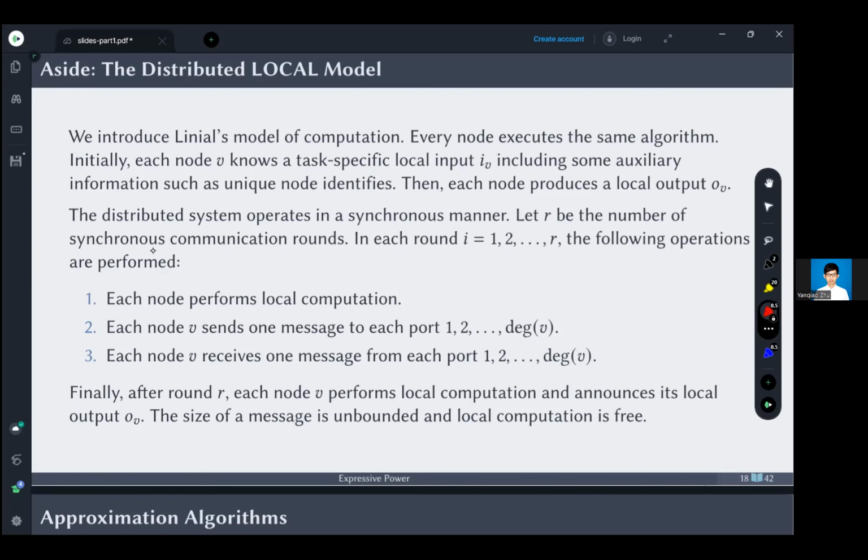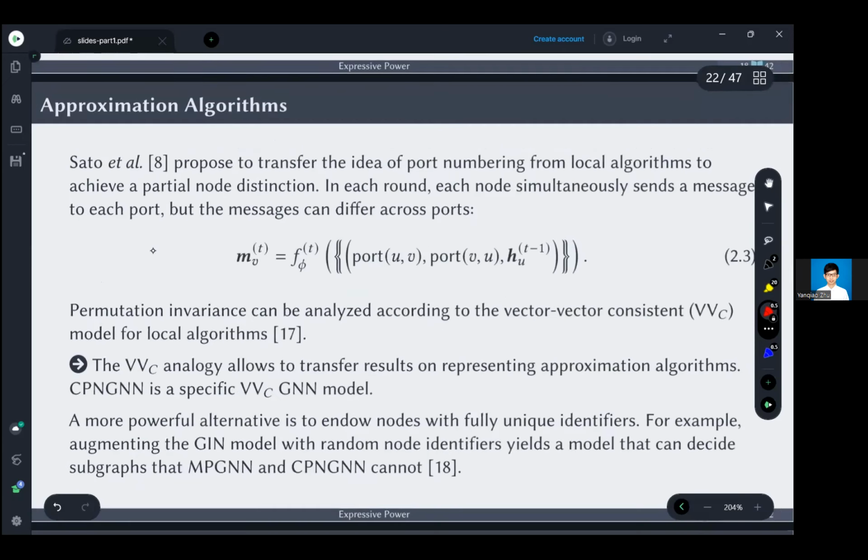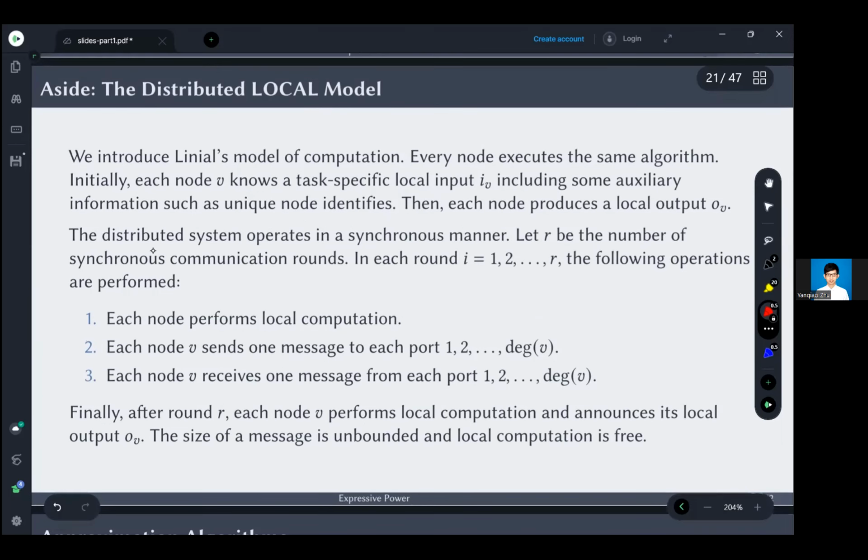Sorry, I have a question. According to my current understanding, this port number is not a necessary part of a local algorithm. It is necessary for the local model, but not that necessary for a family of local algorithms. So what if I don't have these port numbers? I just do my local computation and follow a random order to send out.